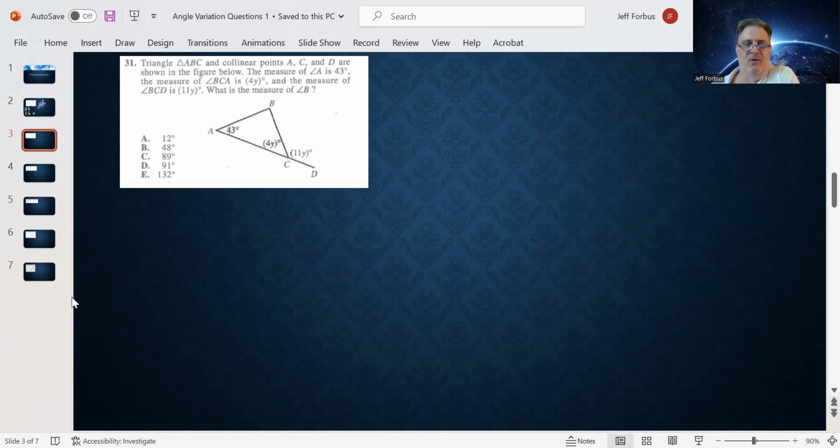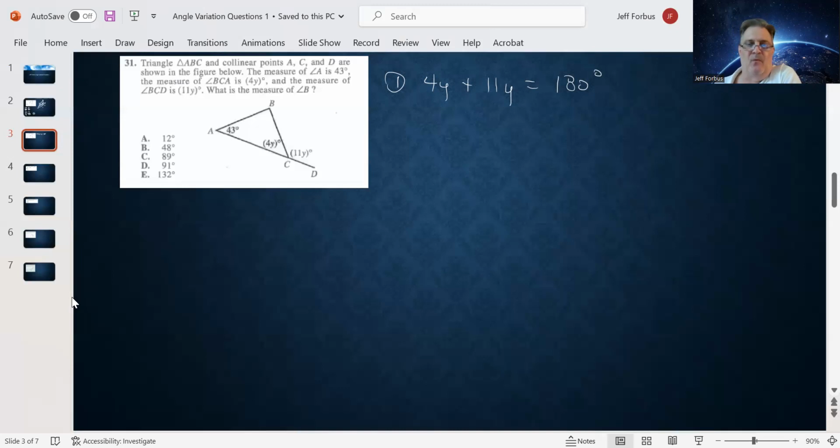Well, we need to figure out what y is so we can work our way back to B. So the first thing we're going to do is we're going to say, well, 4y plus 11y is going to be equal to 180 degrees. Okay. Now we need to figure out what y is.